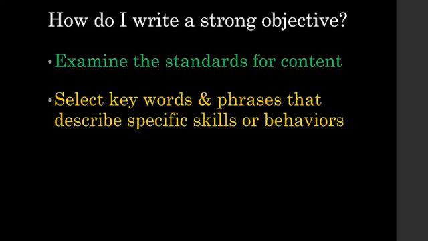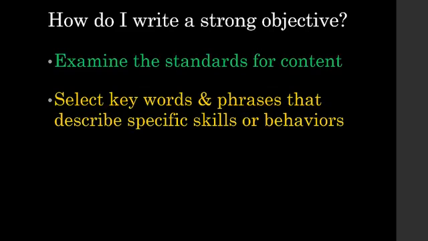But analyze them to be sure they relate well to the objectives you're going to write. Read the standards to make sure you know what they are about. And there does not have to be a one-to-one correspondence between the number of standards and the number of objectives, and we'll talk about that a little more in detail in a moment.